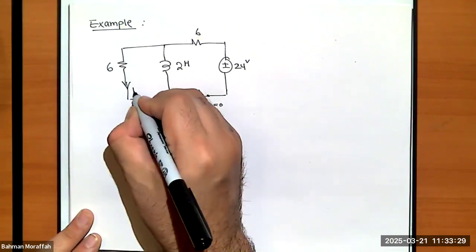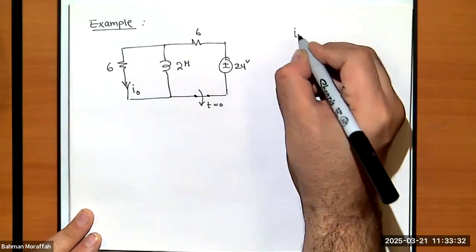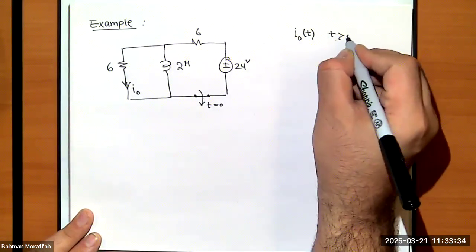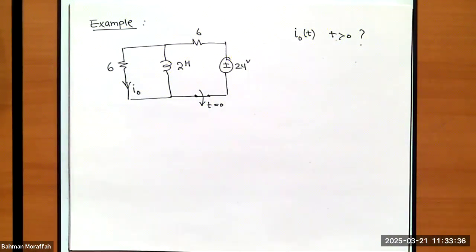And the question is, what is this I naught for time greater than 0? First of all, the arrow on the switch tells us if it's becoming open or closed. Since the arrow is going downward, it means at time 0, it's going to be open.